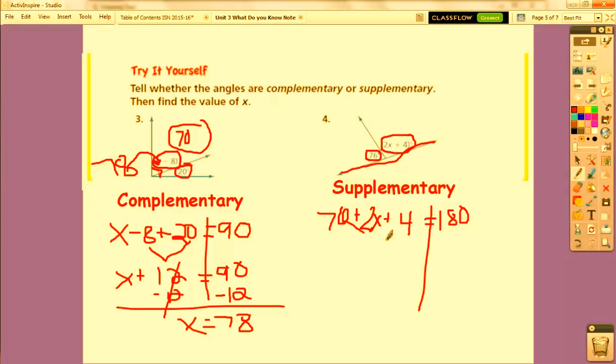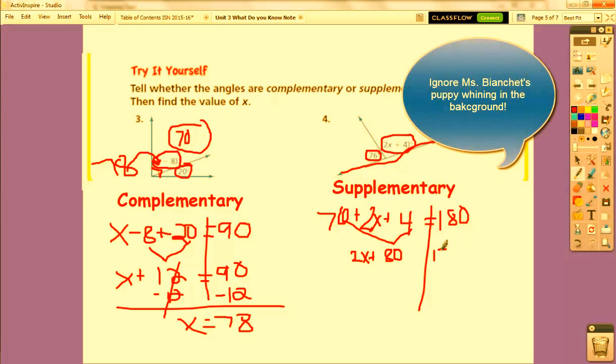Solve for x. First you have to combine like terms. 76 plus 4 is 80. Drop down 2x out front. And I still have equals 180 on the other side. Subtract 80 from both sides. So I have 2x equals 100.